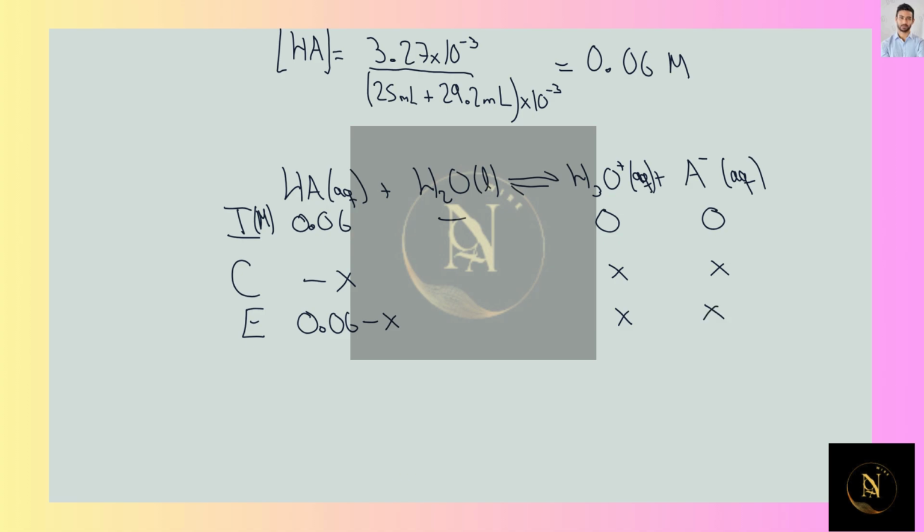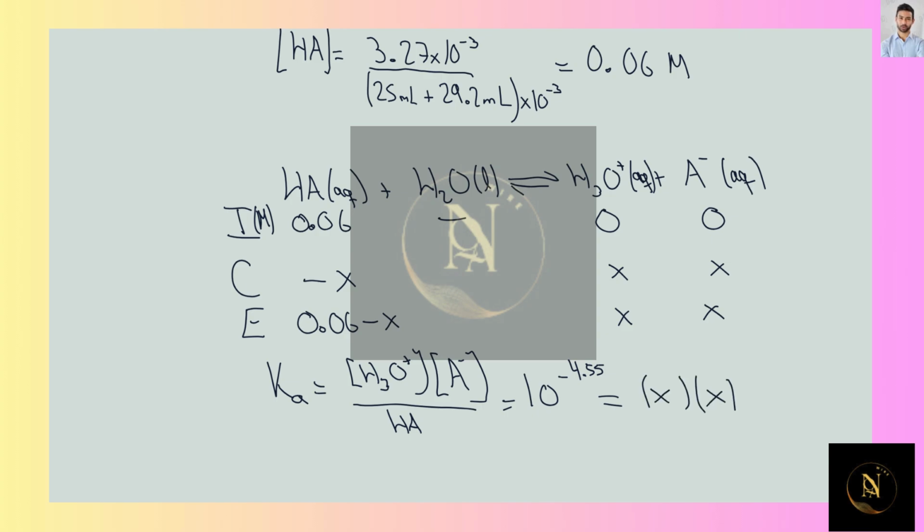Thus, our equilibrium constant, which is the same acidity constant that we employed in the last part, divided by HA, now turns into 10 to the minus 4.55 equal to x and x, both of them multiplying, divided by 0.06 minus x.